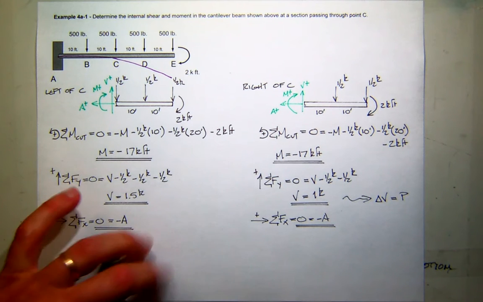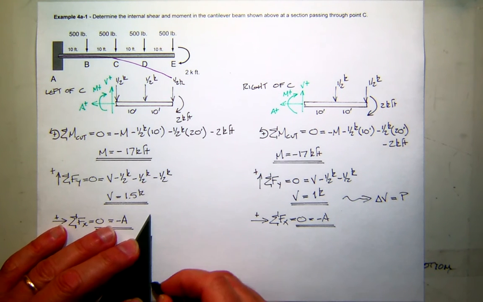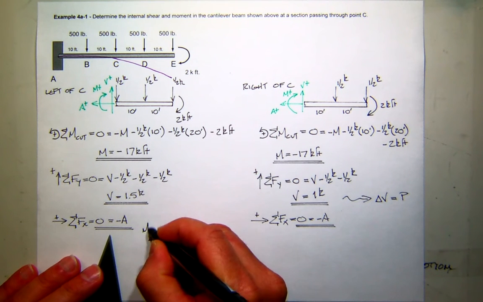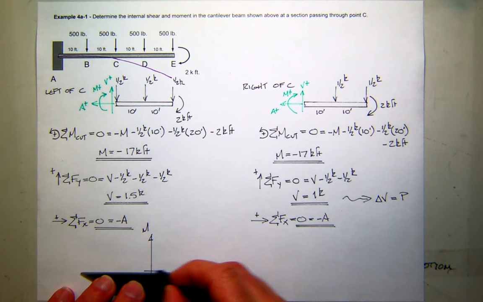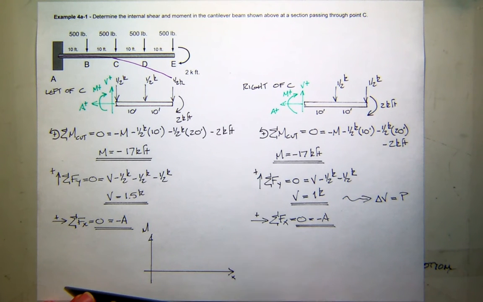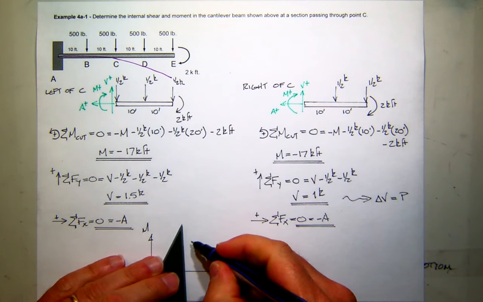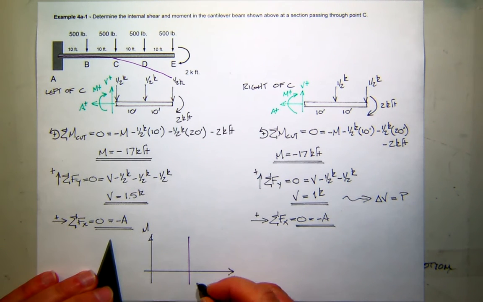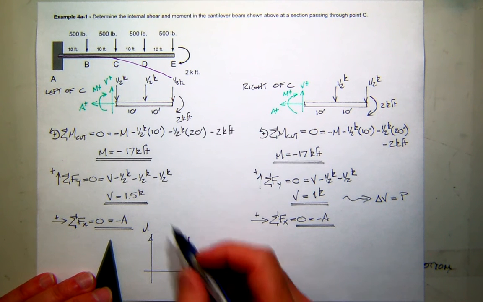So I did want to show you one thing that's kind of interesting. If I plot the moment as we're moving along the beam, say in x, and I pick this point here to be point C, my moment as I come on the left side has some value, minus.